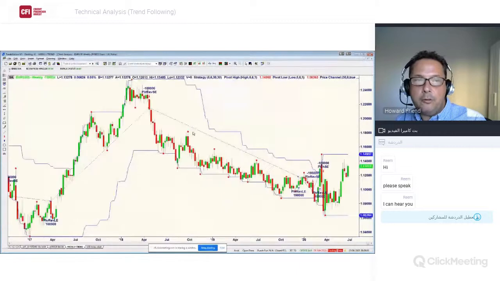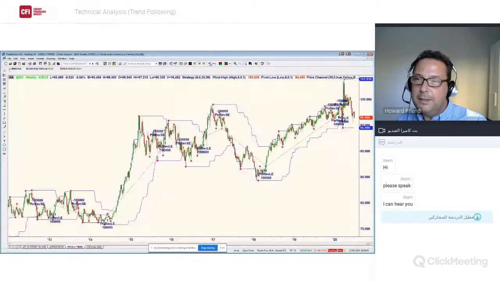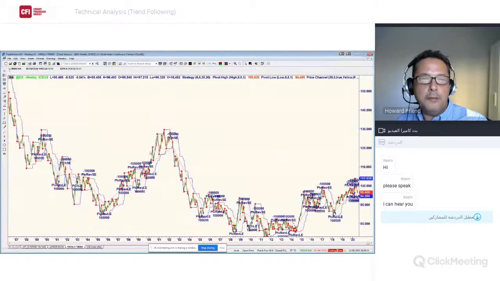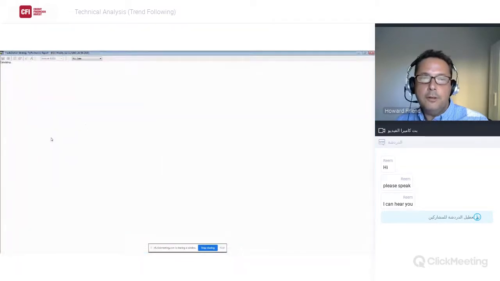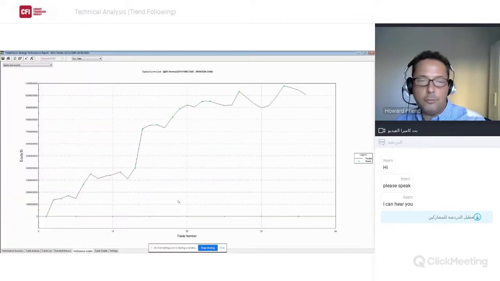Now flip it across to the dollar index, with exactly the same indicator but over a different period. The dollar index starts in the mid-1980s and goes up to the present day. You can see all of the buy and sell signals, and the equity curve doing exactly the same thing as on the Deutschmark, a nice upward equity curve, which is what you want to see.